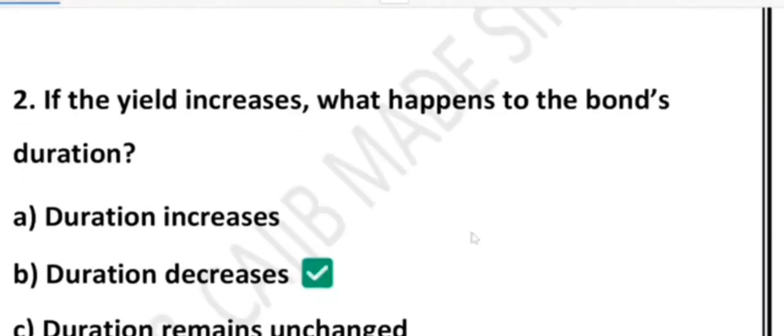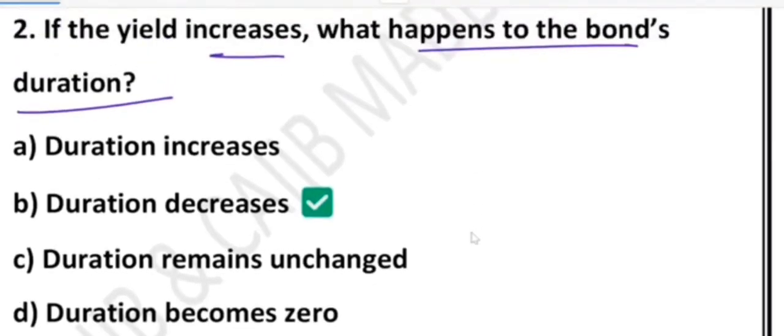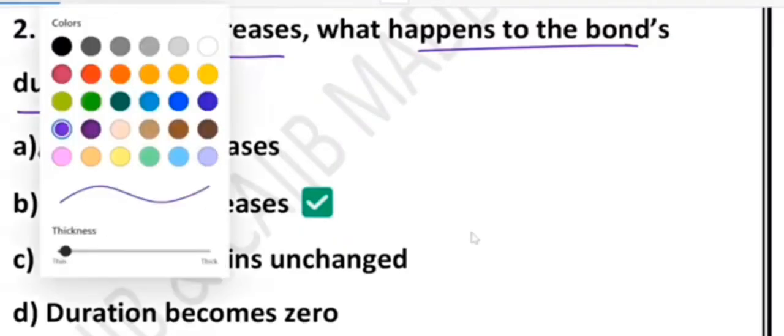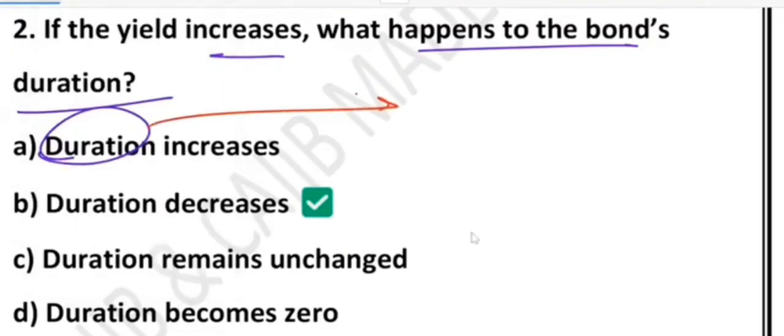Now friends, let's look at the second part of this particular question. The question is, if yield increases, what happens to the bond duration? Very good question. Duration increases, duration decreases, duration remains unchanged, and duration becomes 0. First of all, let's understand the meaning of duration in simple words. I told you that duration is a kind of average time. Average time it takes for a bond holder.